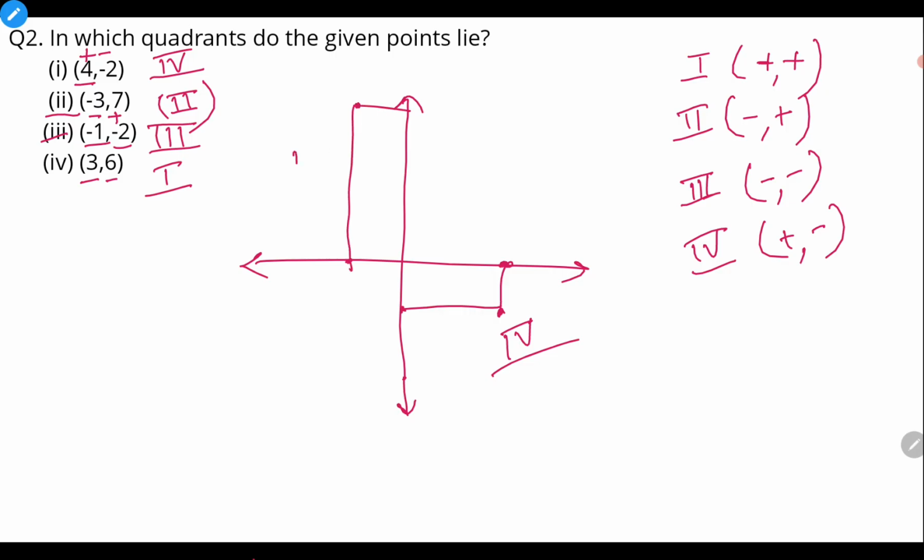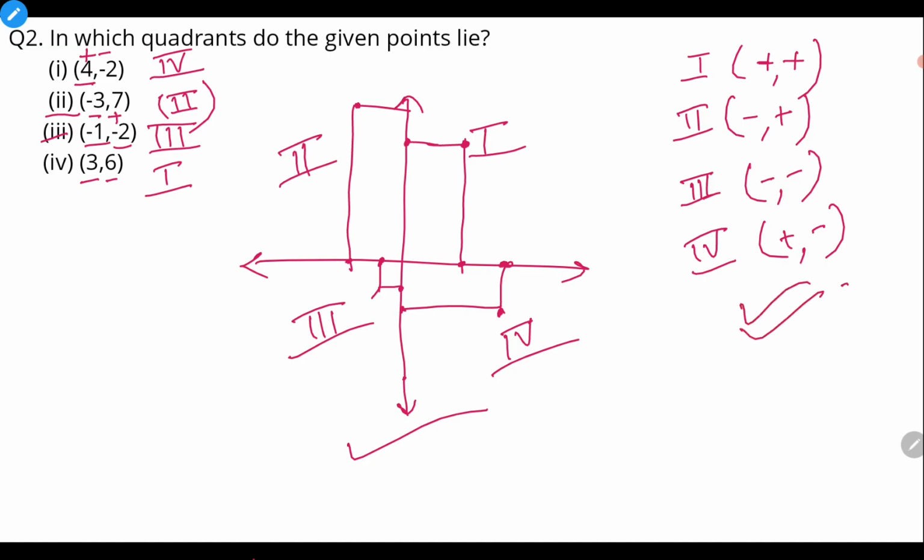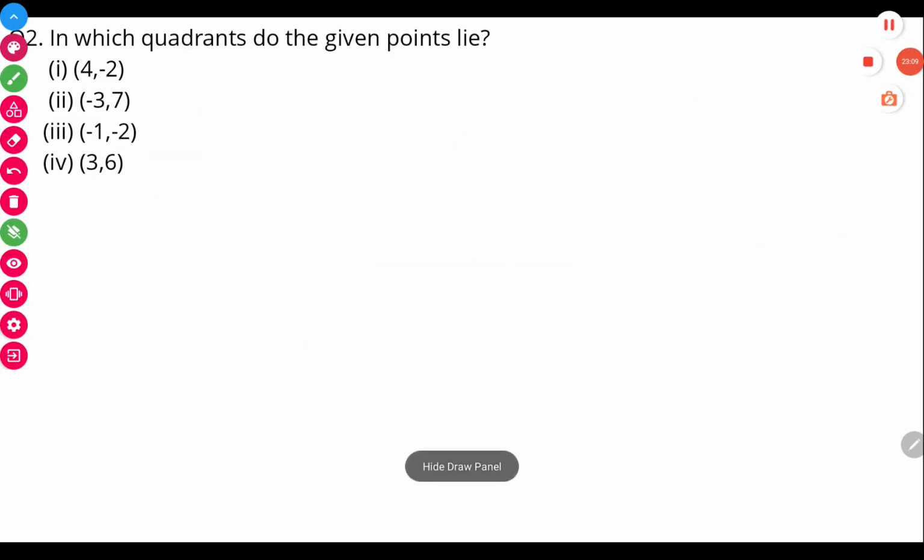So this will lie in the second quadrant. -1 will be here, and -2 will be here somewhere. So this will lie in the third quadrant. And for 3 and 6, if you join them, this will lie in the first quadrant. You can do it like this or like that, in any way you're confident.